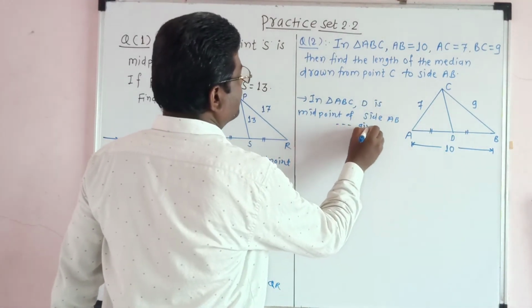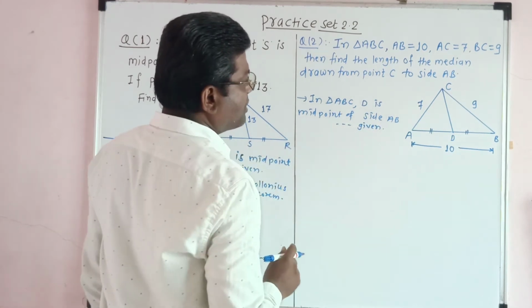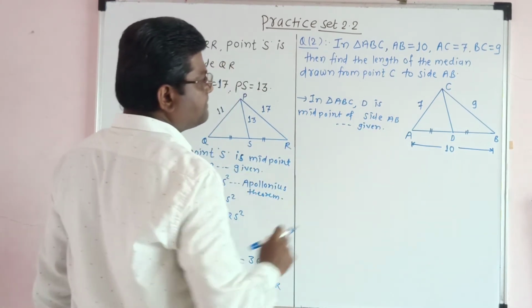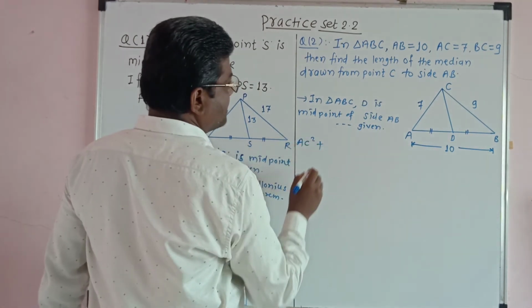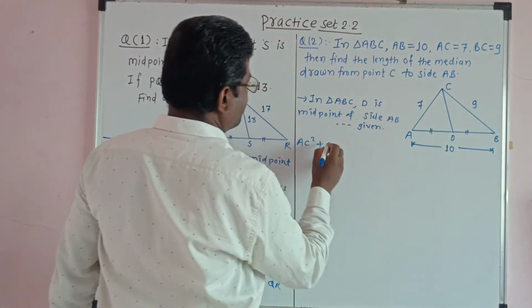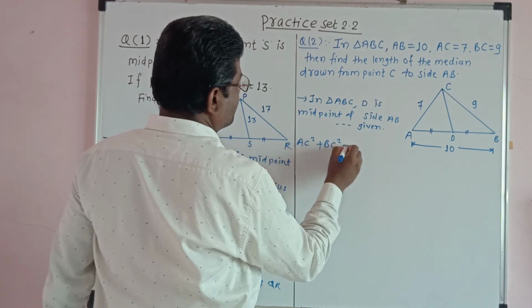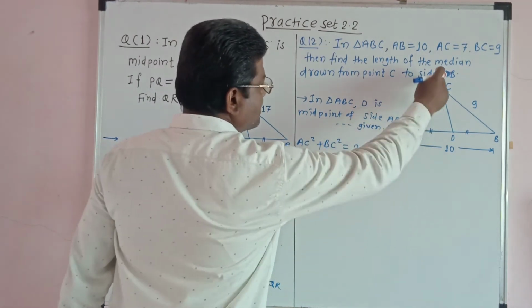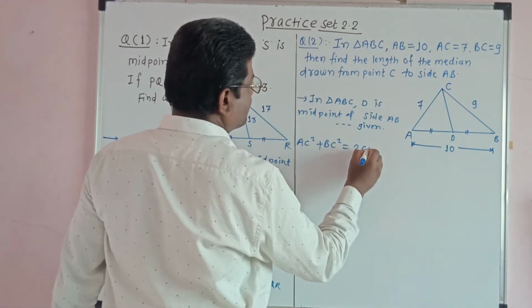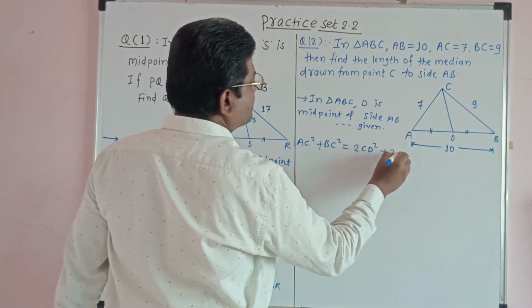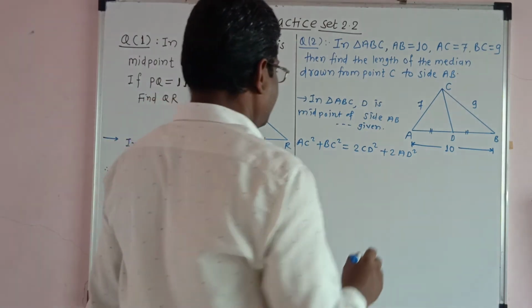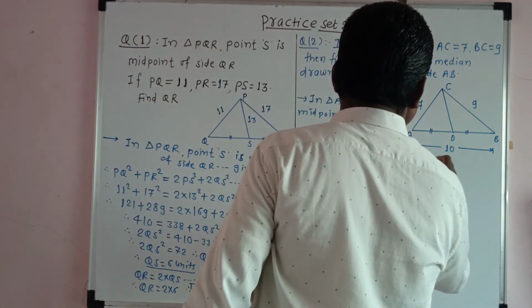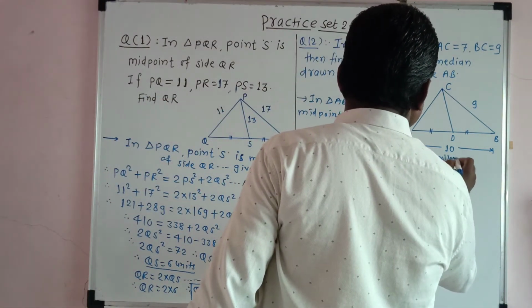This is given. So according to Apollonius theorem, AC square plus BC square is equal to 2 into CD square plus 2 into AD square. And reason is Apollonius theorem.